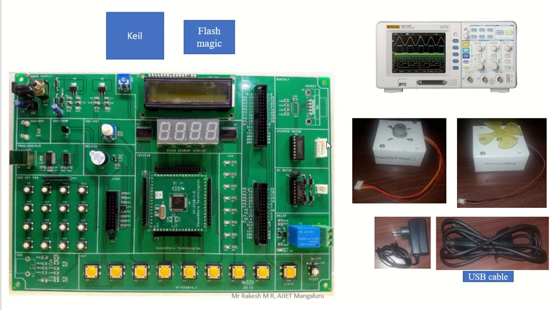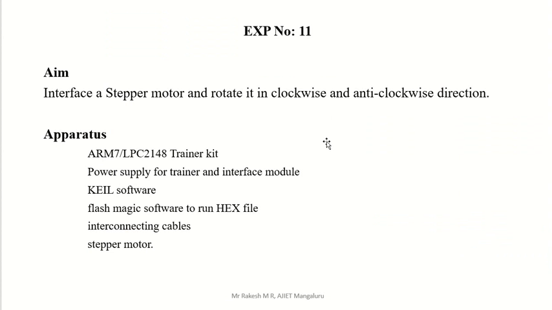Let us start our experiment number 11, that is, interface a stepper motor and rotate it in clockwise and anti-clockwise direction. So you know that a stepper motor rotates in step direction, that is, stepwise. In the previous video lecture we saw a DC motor.